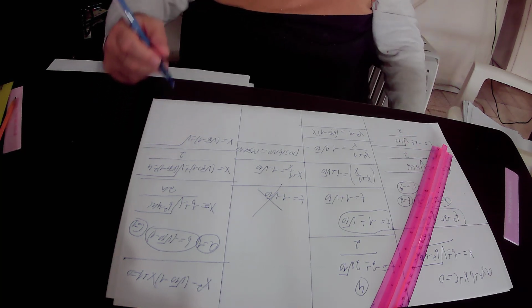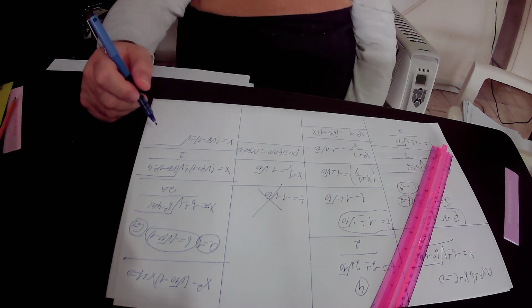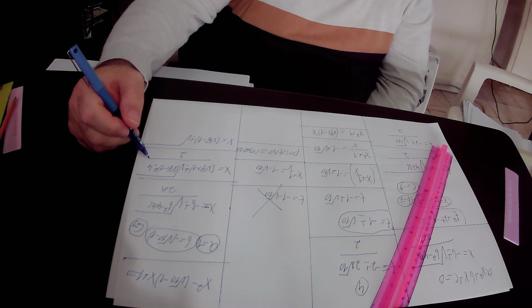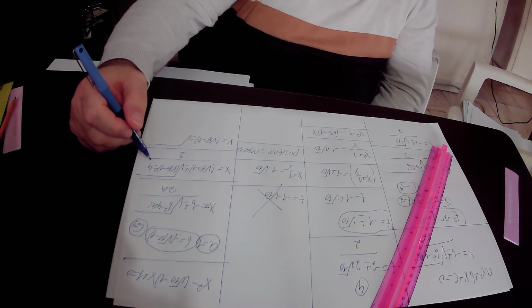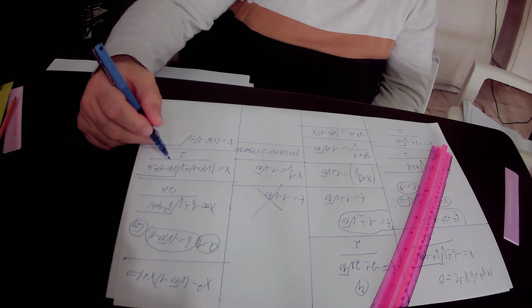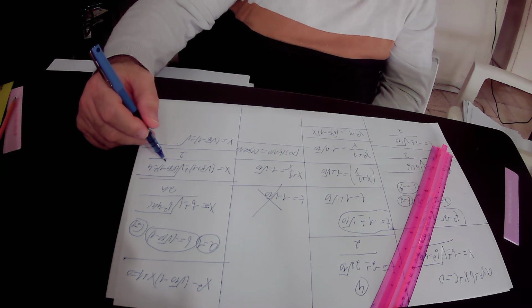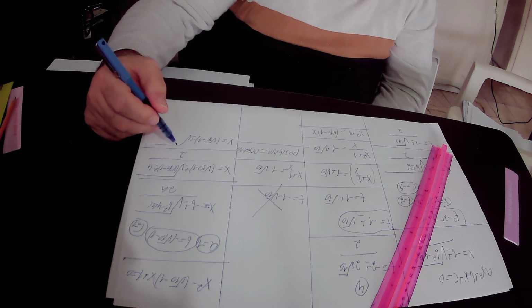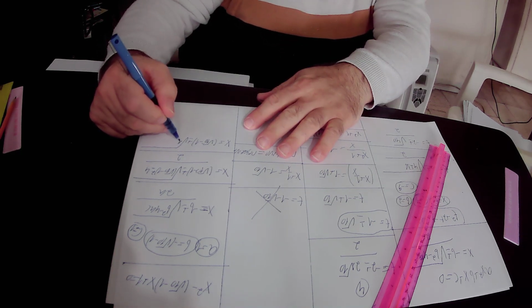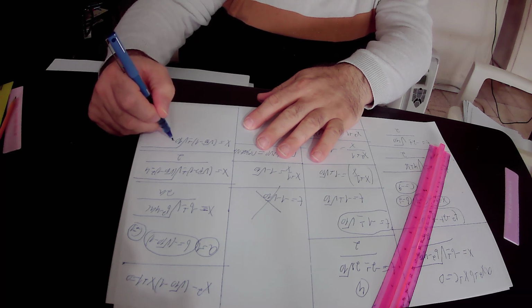We will calculate the value of this expression according to the formula that a minus b squared equals a squared plus b squared minus 2ab. Here a equals square root of 10 and b equals 1. So a squared is square root of 10 squared, which is 10. Plus b squared is plus 1.